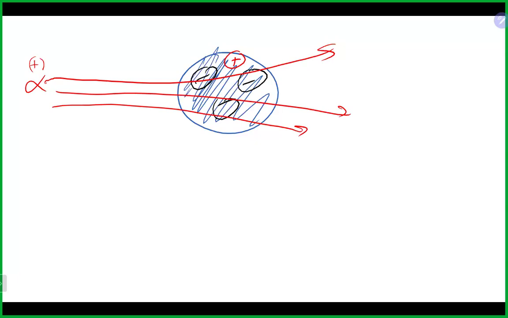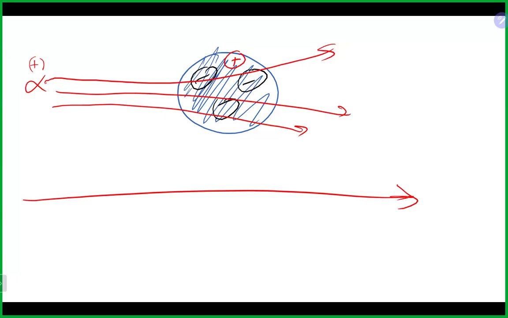They were really surprised when they did this experiment. When they shot the alpha particles, most of them just sailed through undeflected.